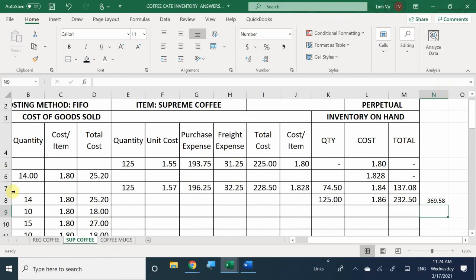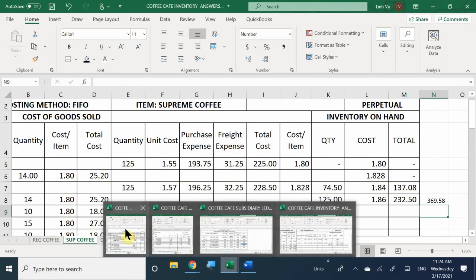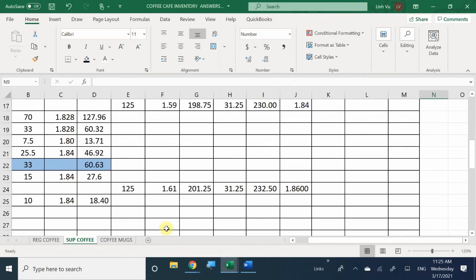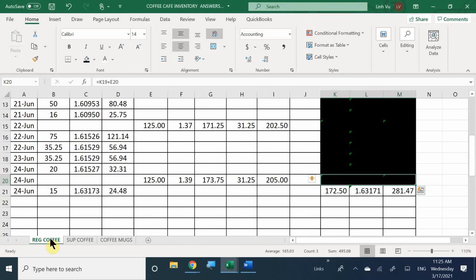Okay. So let's go to our journal to journalize what we have here. So you have 18.40 and 24.48.